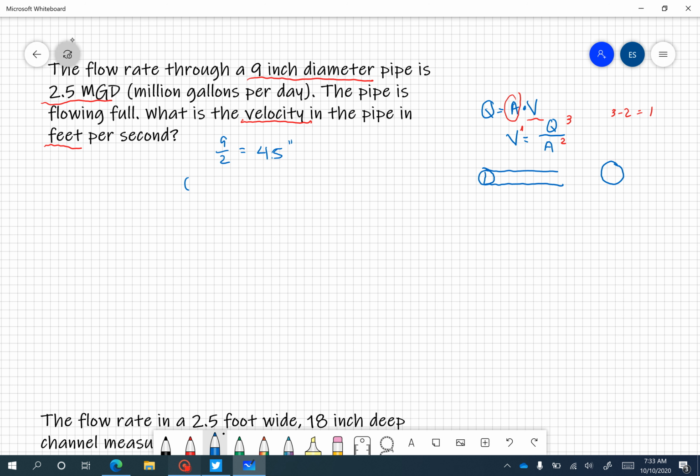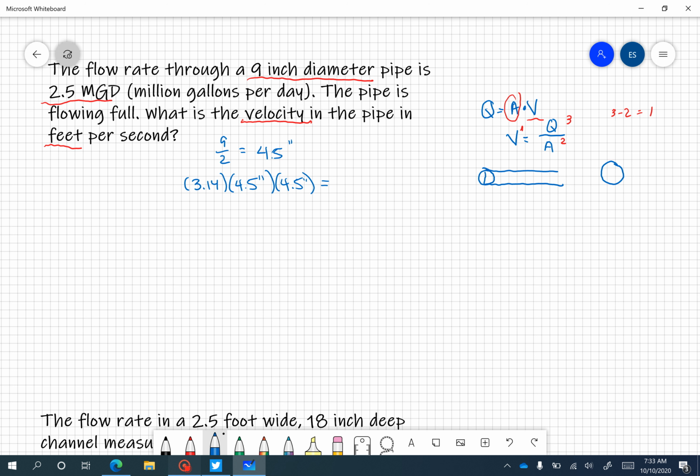So pi 3.14 times 4.5 inches times 4.5 inches, that's the radius squared, is going to give us an answer in square inches.